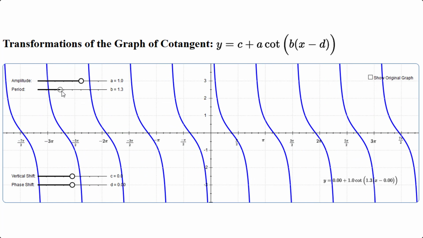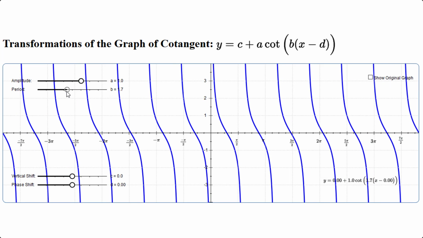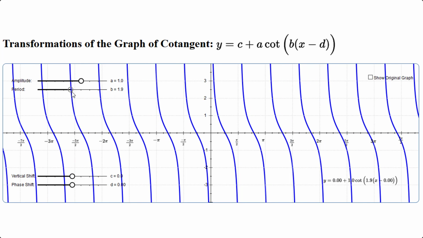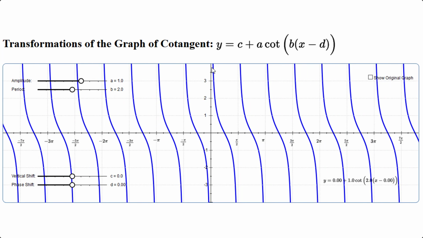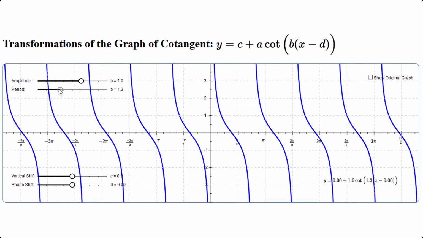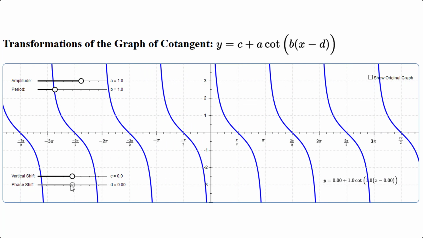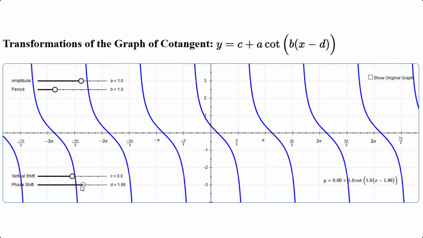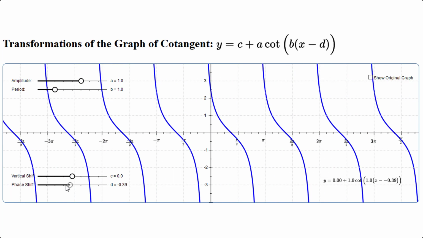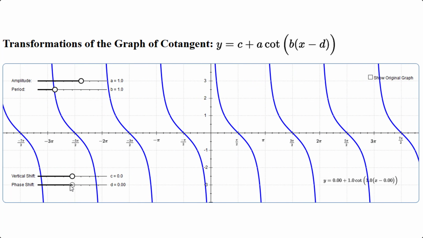We really only look at changes of period, because that's easy to work with. So for instance, if you have a multiplier of 2, that means you're going to finish your entire cycle by pi over 2 instead of pi. And that would be simple enough to draw in. Similarly, any phase shift is relatively easy to express. You just move your graph to the left or to the right, respectively.